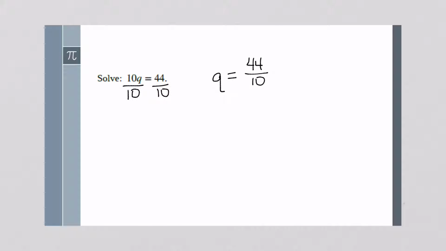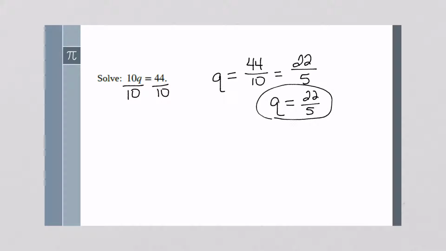I'm going to reduce both of them by a factor of 2. 44 divided by 2 is 22. 10 divided by 2 is 5. So q is equal to 22/5. And you can leave your answer just like that. That's an improper fraction that has been reduced, so it's perfect.